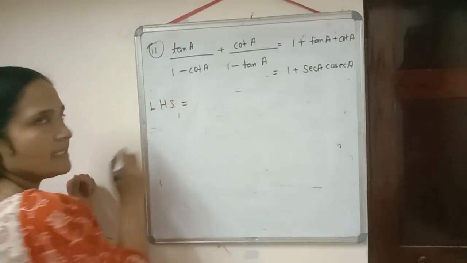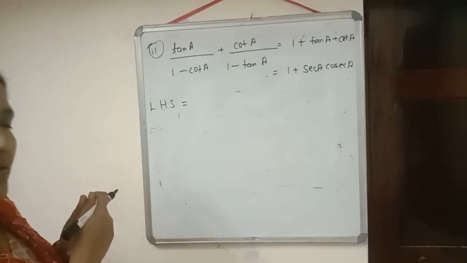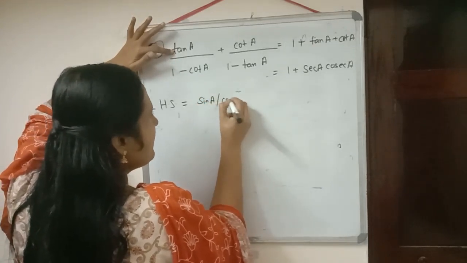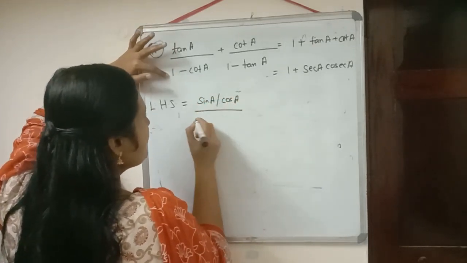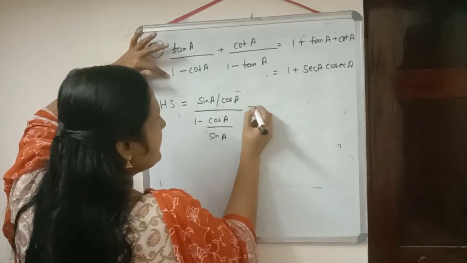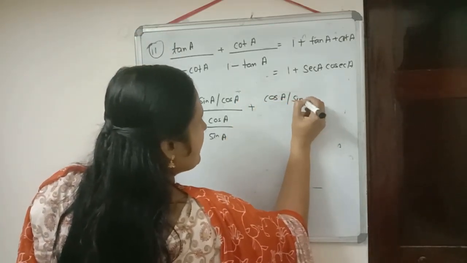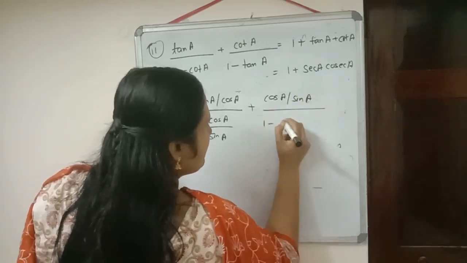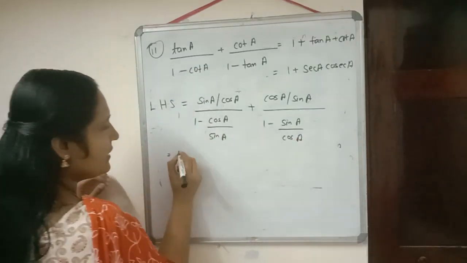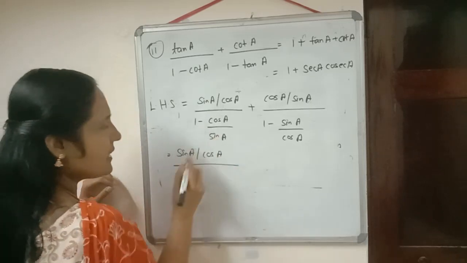Again what we can do, we can change in terms of sin and cos. Then tan A can be written as sin A by cos A divided by 1 minus cos A by sin A, plus here cot A can be written as cos A by sin A divided by 1 minus sin A by cos A. So now here it will come sin A by cos A. Here we can do the cross multiplication.